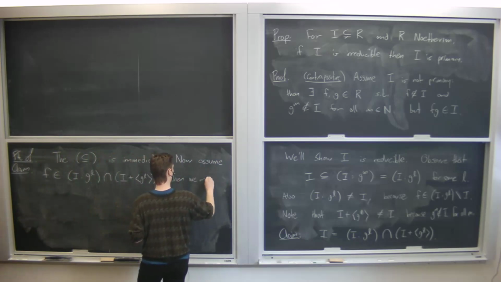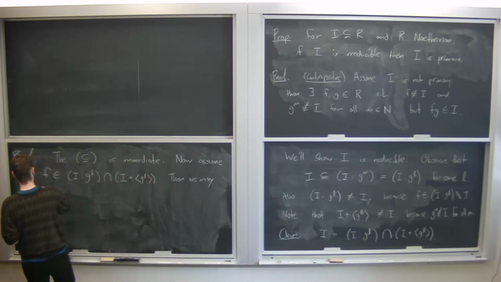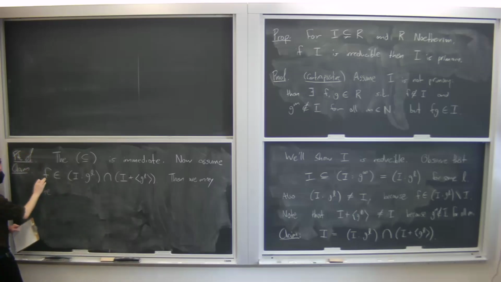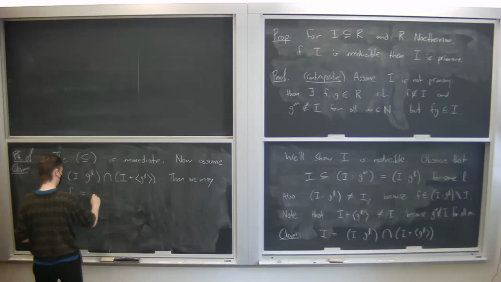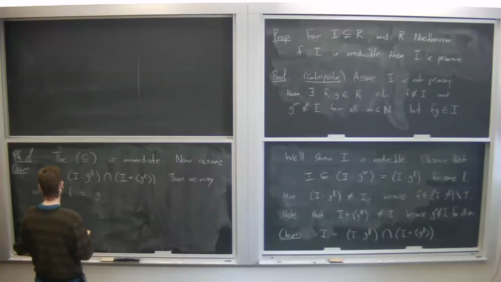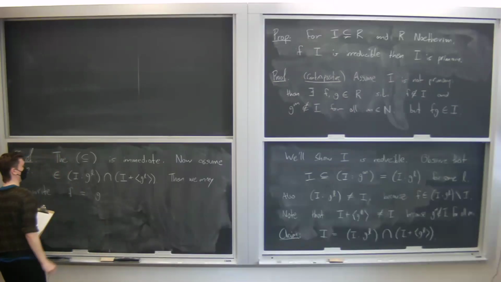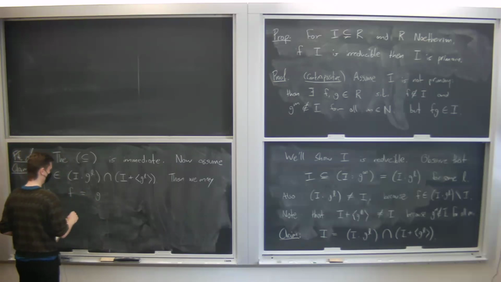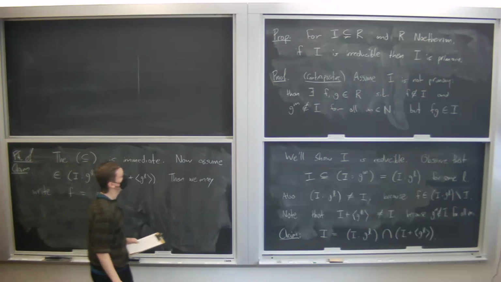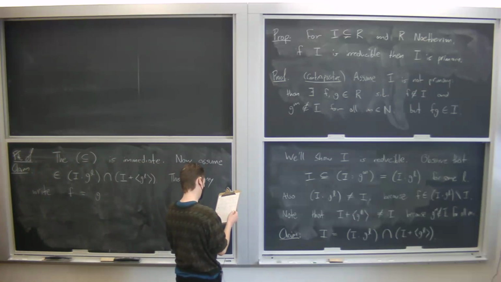Then we may write, since F lives in this ideal sum, let's write it as a sum of elements from the ideals. I just wanted to say you're already using F for something else. That's super true, thank you. Let me not use F then. Do I ever use this F again in my proof?